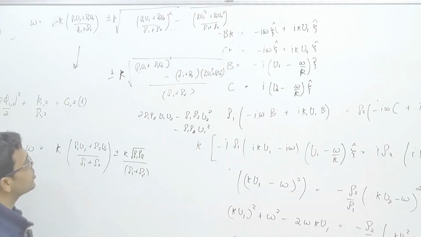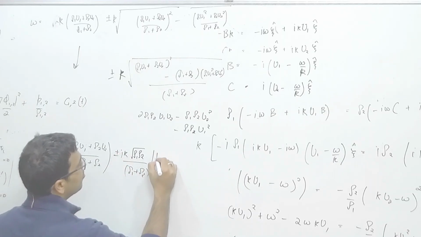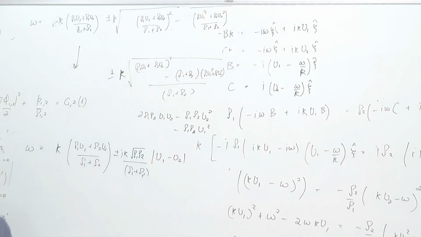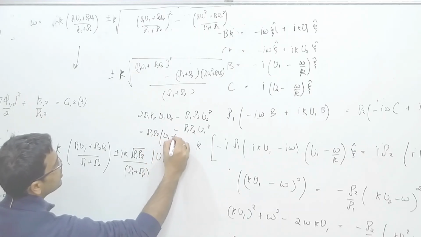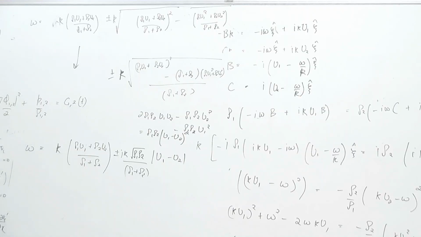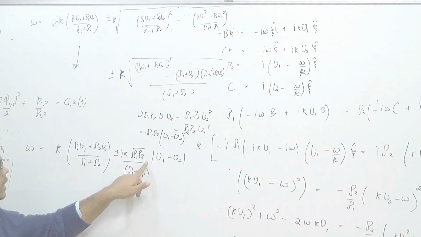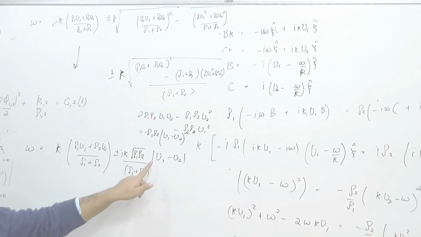What is the square root of that? i times k mod of u1 minus u2. Right? You will end up with rho 1 rho 2 times (u1 minus u2) whole square, with a minus sign. So, what is the square root of minus of (u1 minus u2) whole square? (u1 minus u2) whole square is always greater than or equal to 0. You are taking a minus of that quantity and then taking a square root. So there will be an i, because of the square root of minus 1, and a mod u1 minus u2.